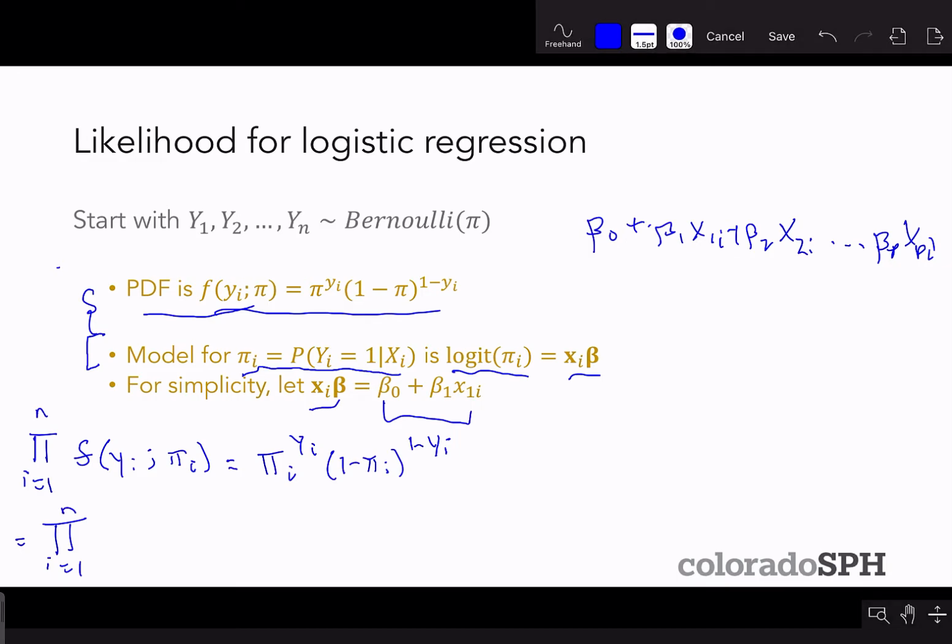I'm just substituting this pi here for the inverse of this expression, which is just pi i equals e to the xi beta.